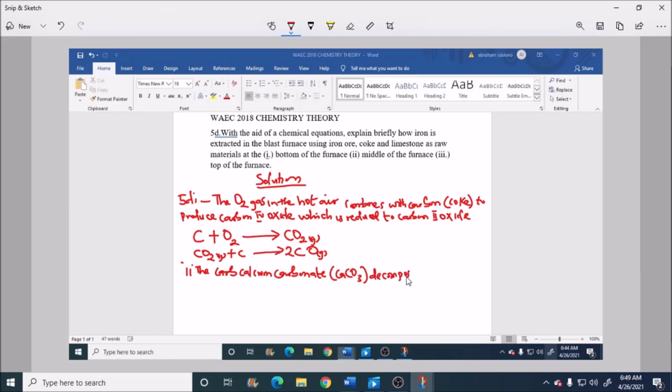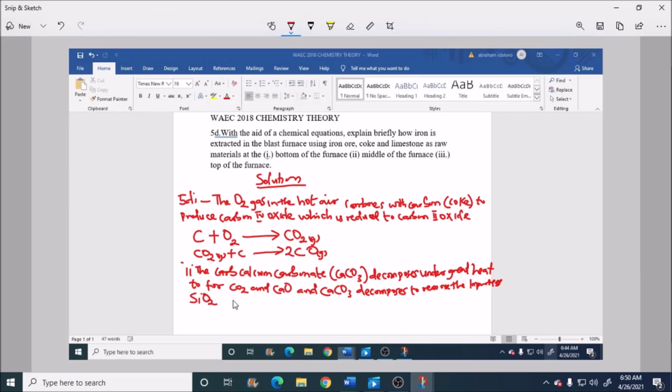Calcium carbonate decomposes under great heat to form carbon 4 oxide and calcium oxide, and calcium carbonate CaCO3 decomposes to remove the impurities, that is silicon oxide, SiO2.